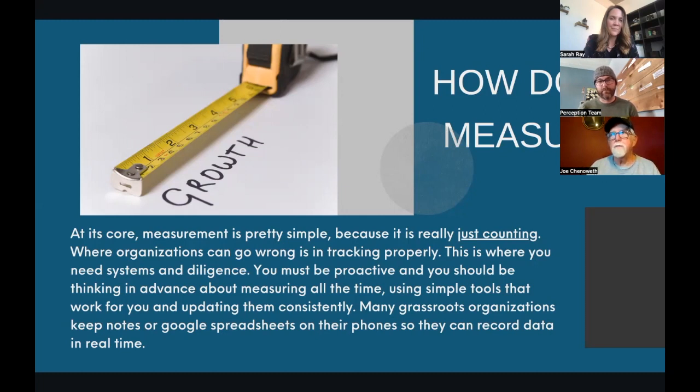Also measuring how many existing people are bringing their new gift to the table. So people that have been around, but now because we've presented something a little differently and given them a clearer role of things we need, are they now actually bringing their specific gift and talent to the table? So measuring that as well.